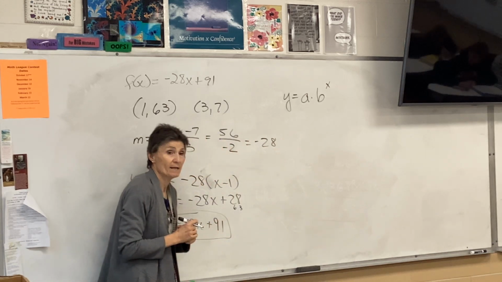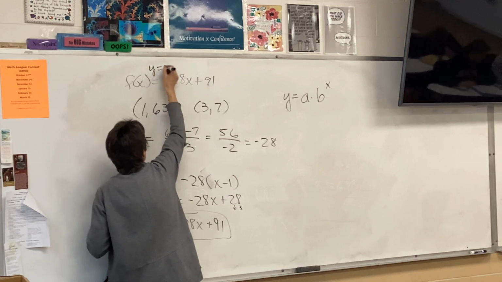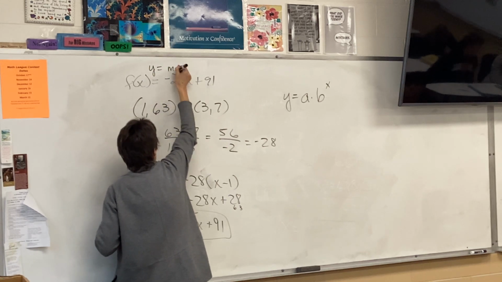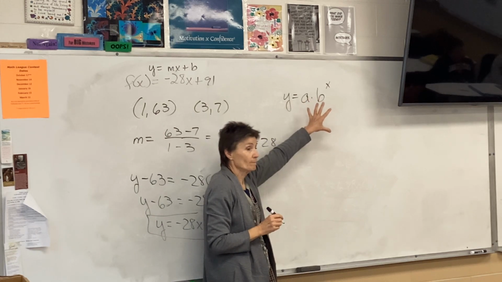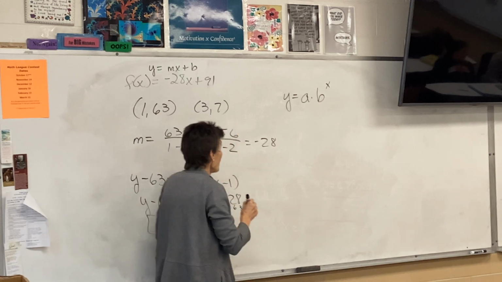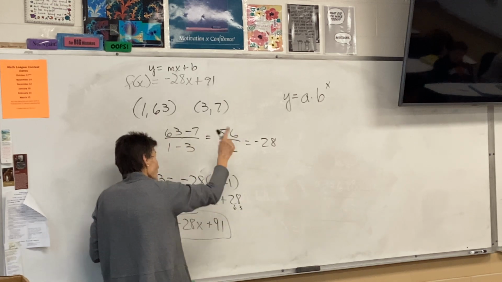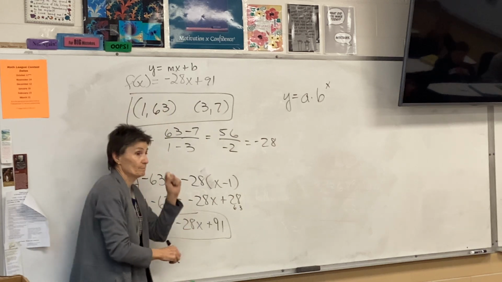This is an exponential. So you know how a line is of the form mx plus b? Well, this is the form for an exponential. So your job is to write an equation like that for these very same 2 points.